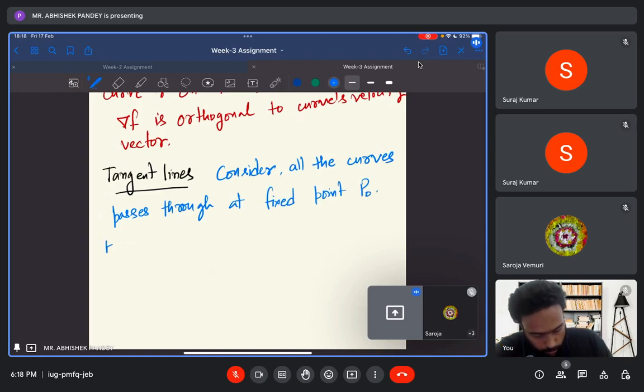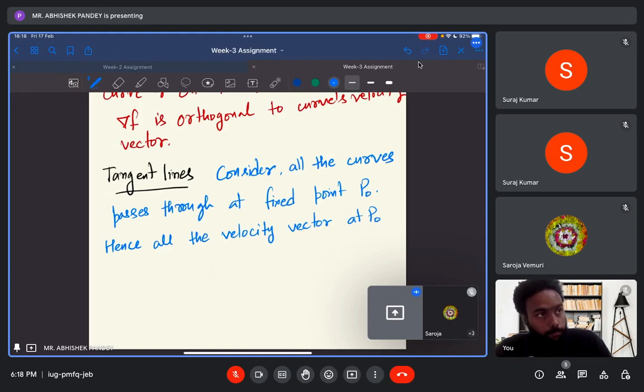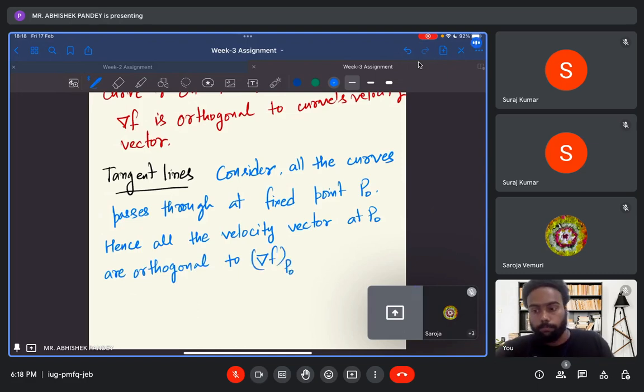Hence all the velocity vectors at p naught are orthogonal to del f at p naught.